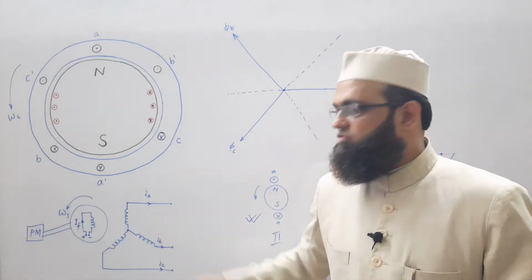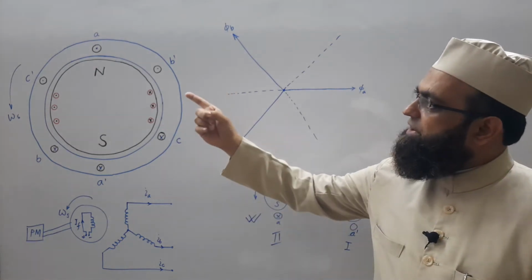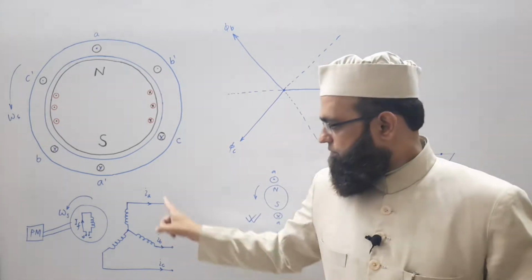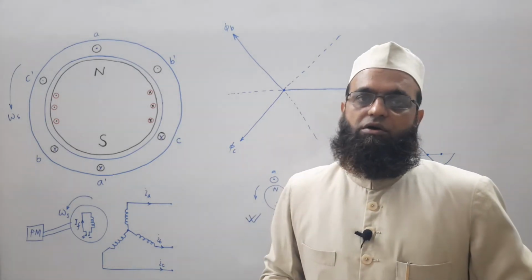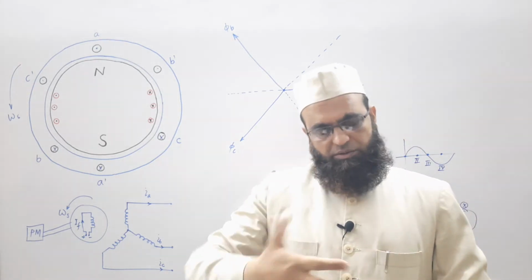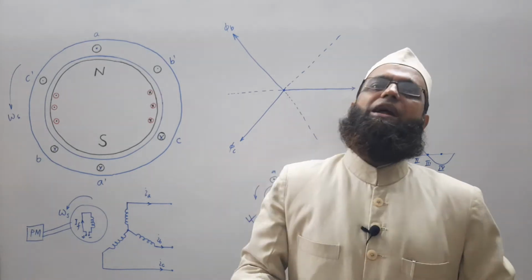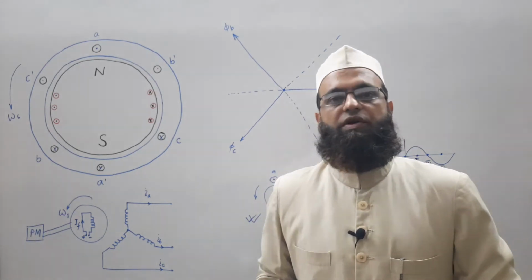Now we have three phase balanced currents IA, IB, IC flowing in the three phase balanced winding once load is connected. These armature currents will produce a rotating magnetic field, as discussed in case of induction motor.